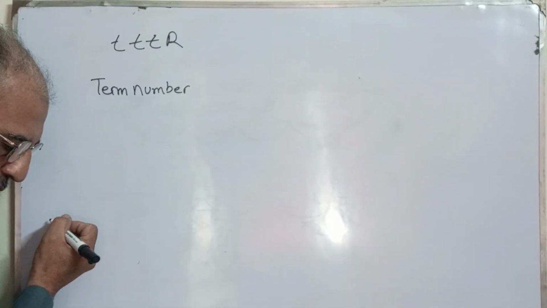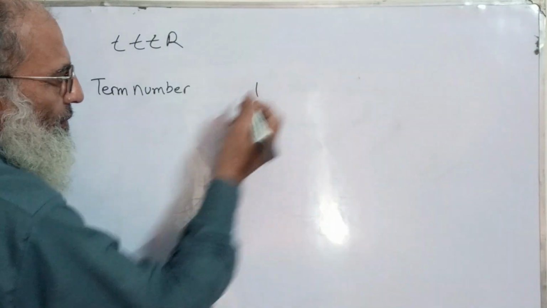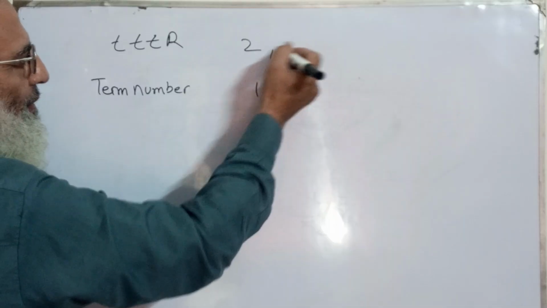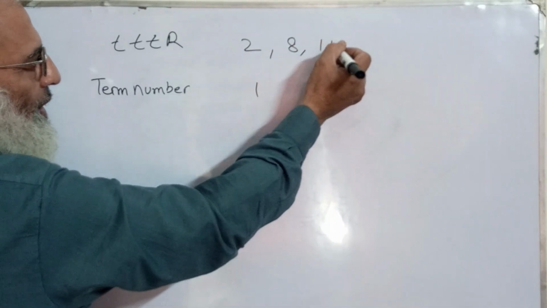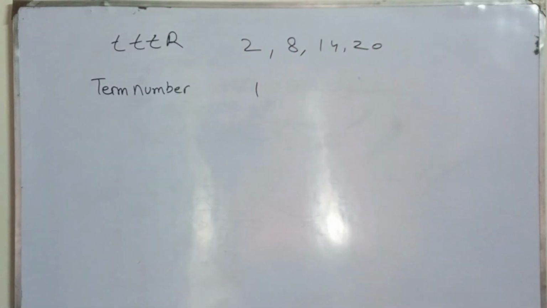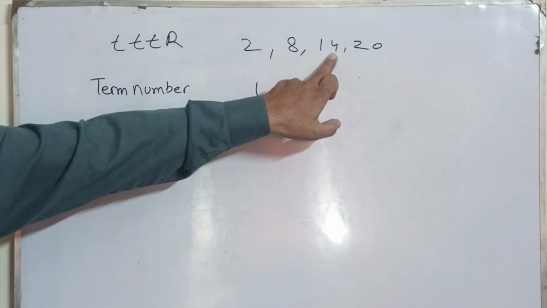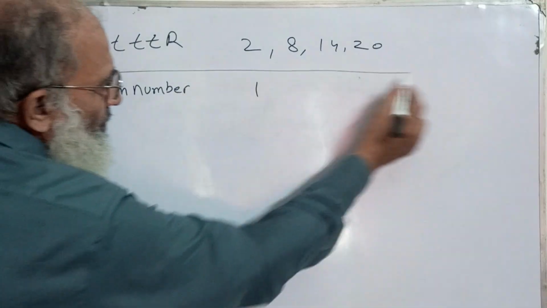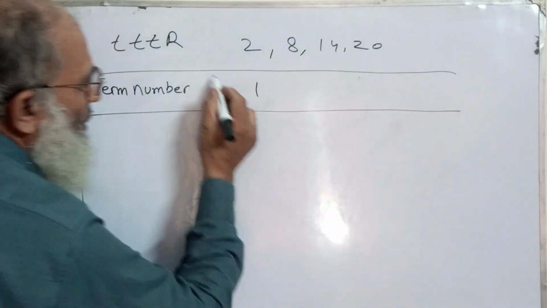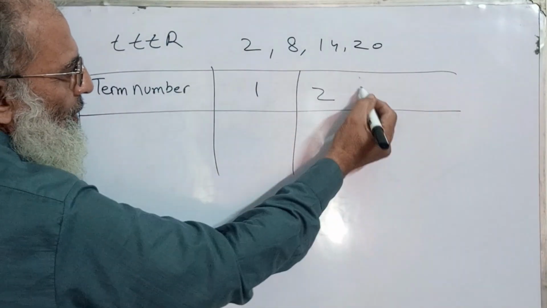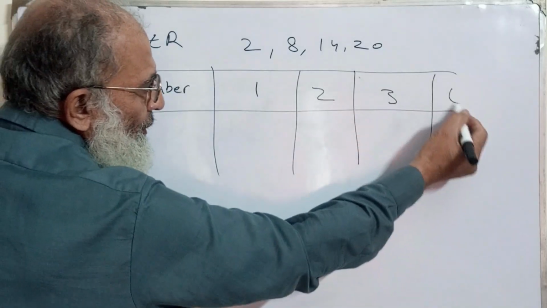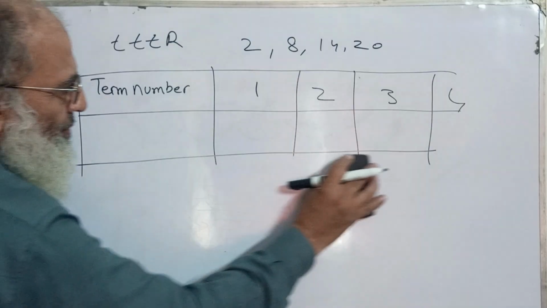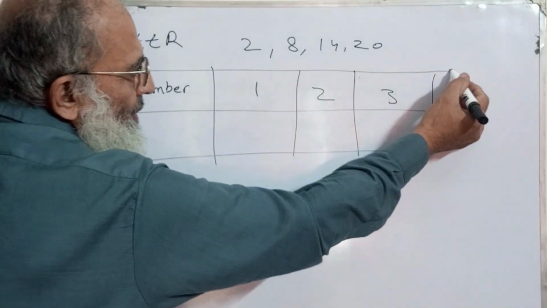Term number is equal to 1, 2, 3, 4, 5. In our case, what was it? Let me write it again: 2, 8, 14, 20. You see that this is the first term, second term, third term, fourth term. Similarly, we have made a table like this: 1, 2, 3, 4. Let me make it a little smarter.